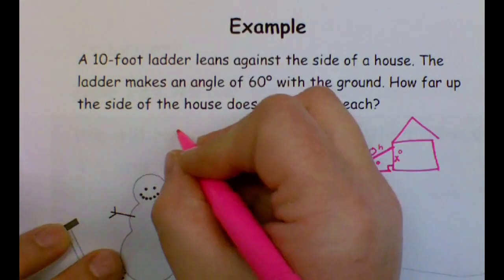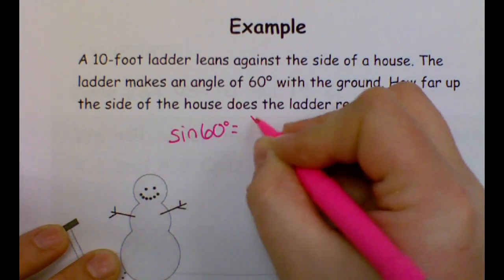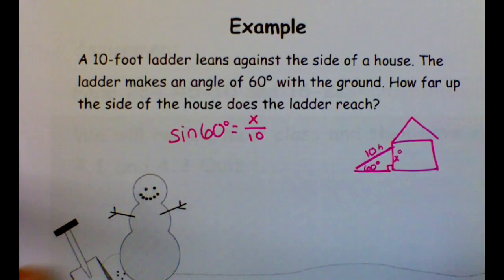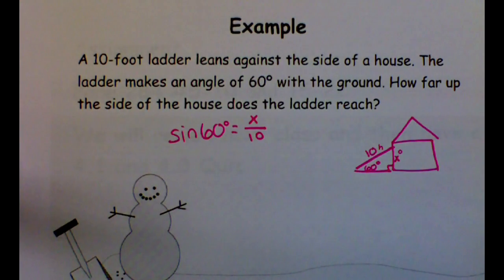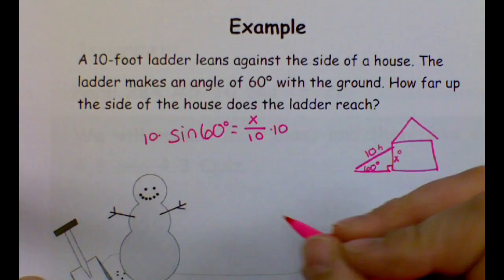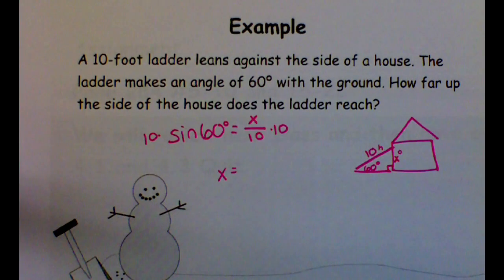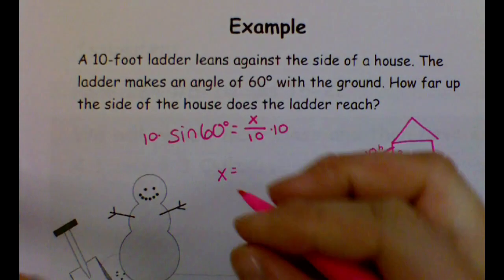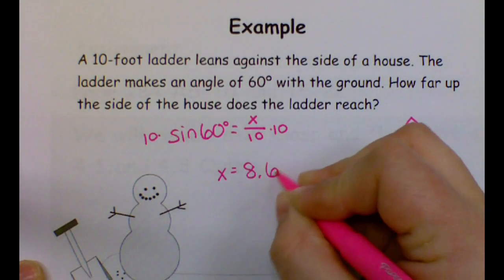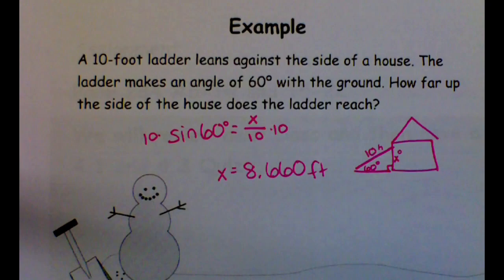O and H tell me to use sine of 60 degrees equals opposite over hypotenuse. All right, now we multiply the 10 over. So x will be 10 times the sine of 60. Type it in my calculator, I get 8.660 feet up the side of the house.